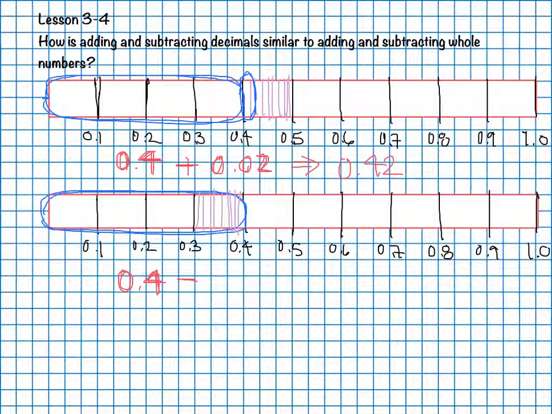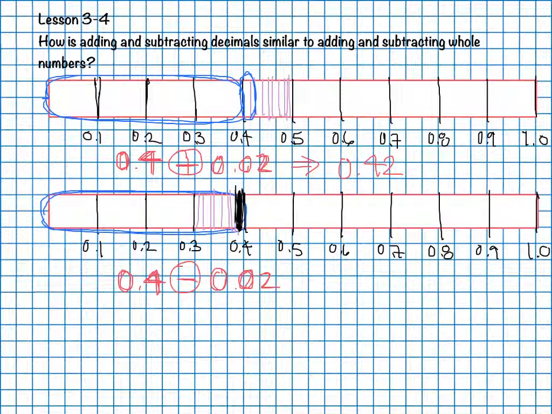Now what we're going to do is subtract our 2 hundredths. Last time we added here, this time we're going to subtract. So now let's just take our black and let's just get rid of this one and this one.